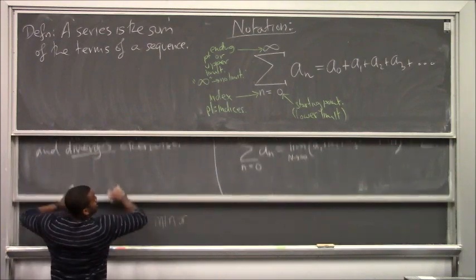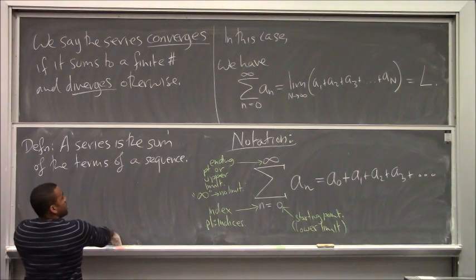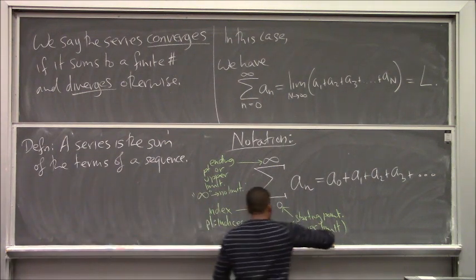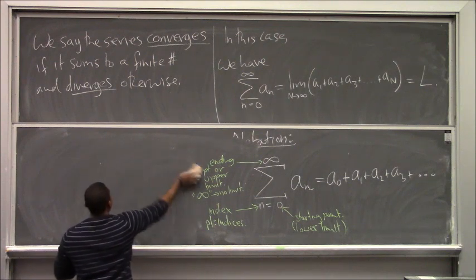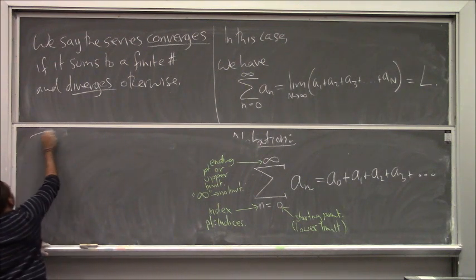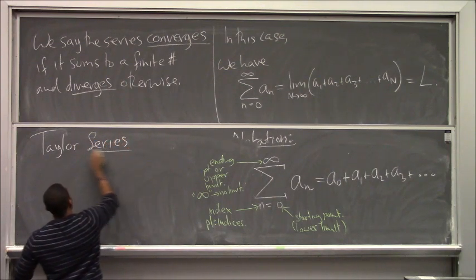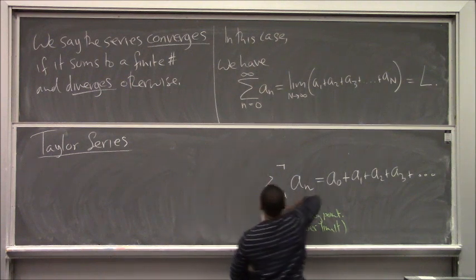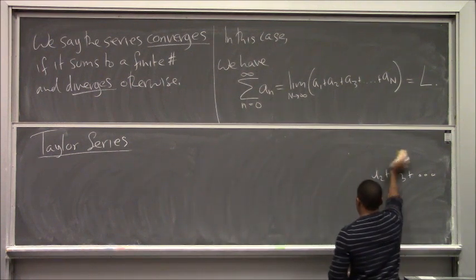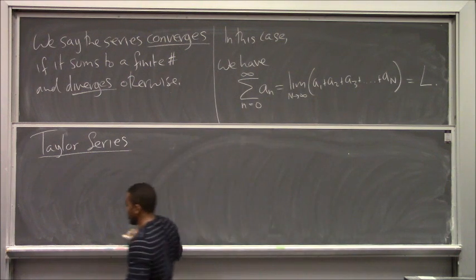Now, another thing you would have seen is the idea of a Taylor series. A Taylor series is when we look at a function and ask ourselves, this function is kind of messy, I don't know how to deal with it.